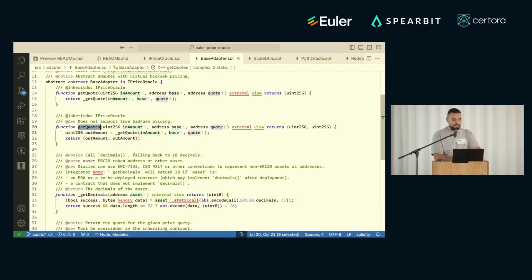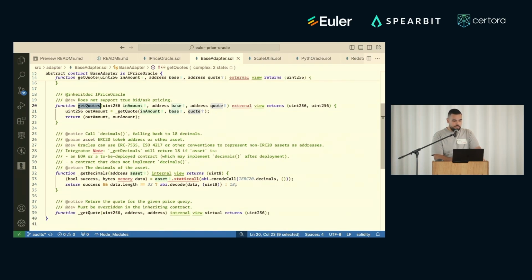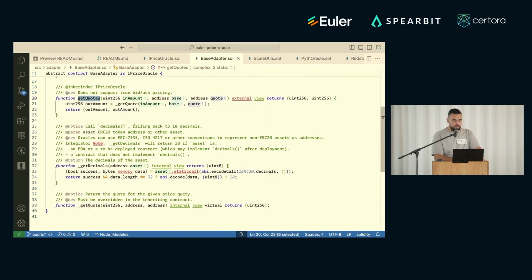This is sad because we really like bid and ask pricing, but unfortunately, most oracles don't support them natively. So we just return the 2 mid prices directly. And then, when you inherit BaseAdapter, you will override this underscore getQuote. And this will contain the logic to fetch the price, validate it, and convert it to a quote.